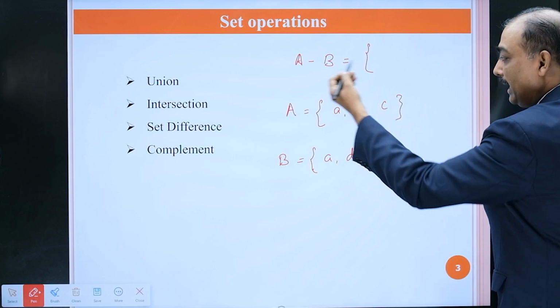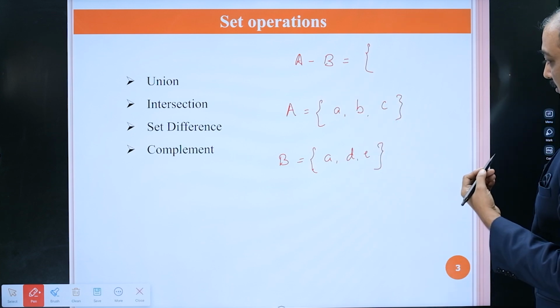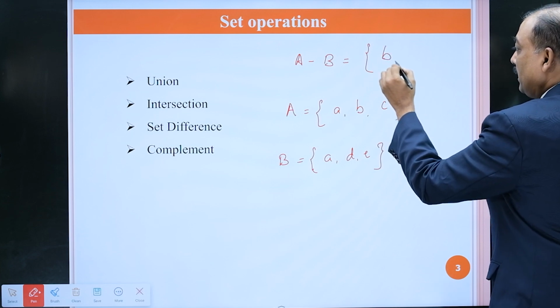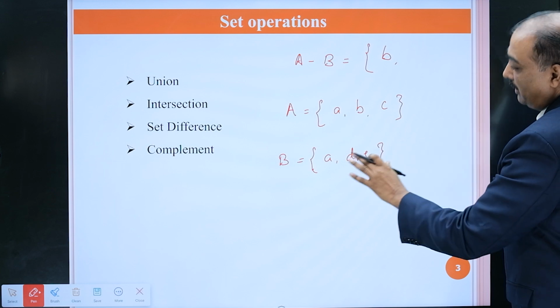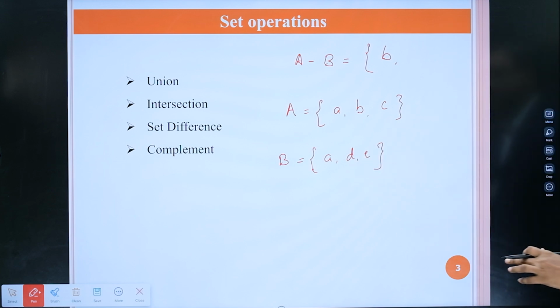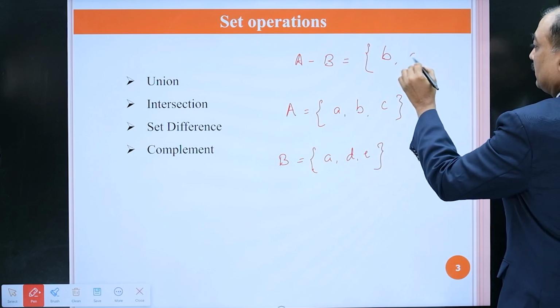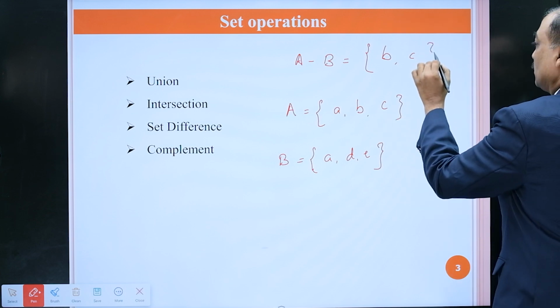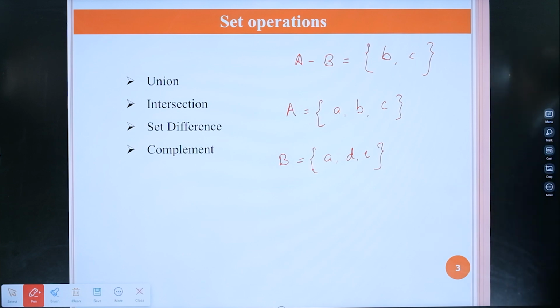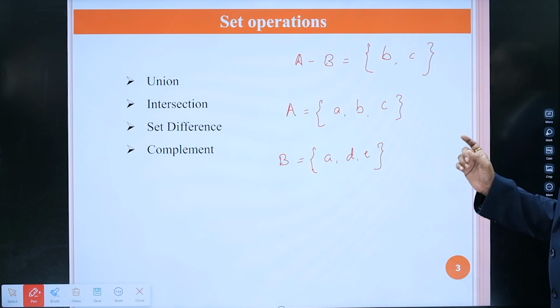B is present in A but not in set B, so I'll write down B. Similarly, set A consists of element C, which is not present in set B, so we'll write that down. There are no remaining elements in A, so we'll stop here. This is the set difference between sets A and B.